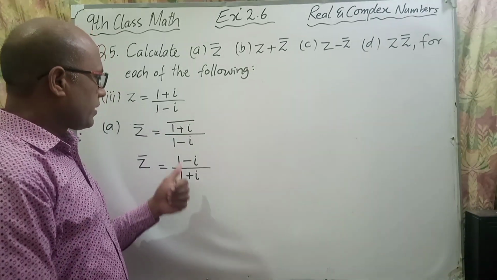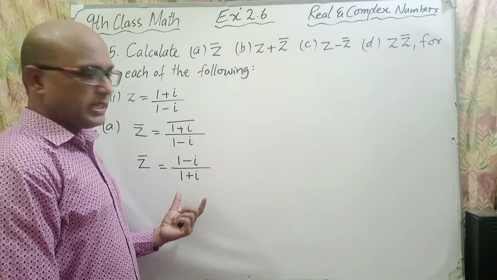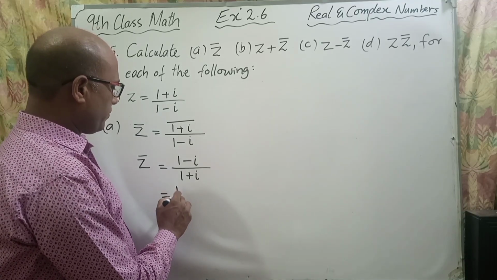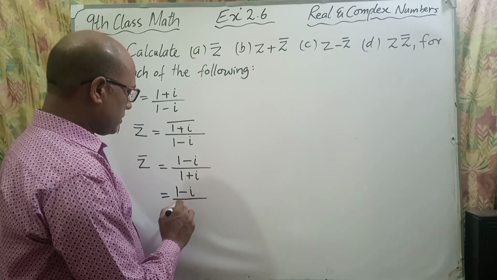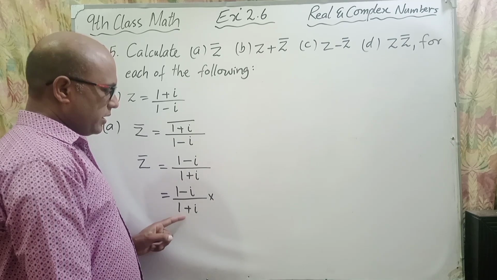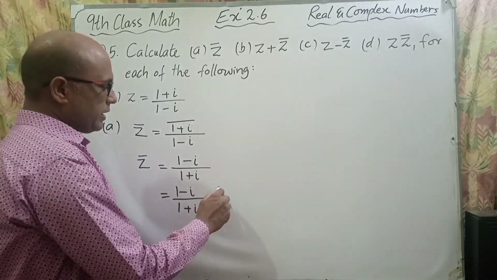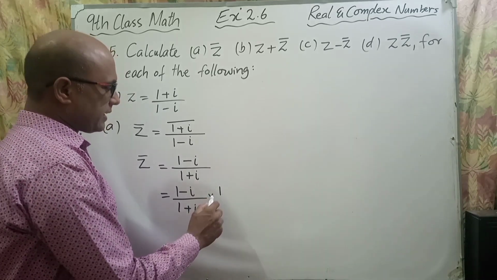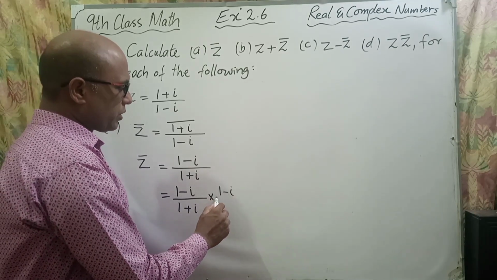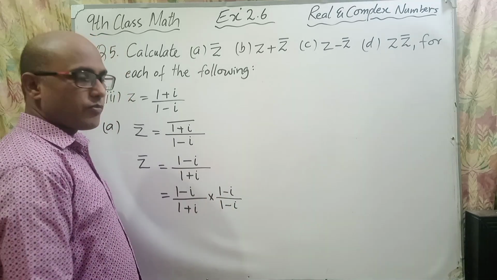So students, now we have to rationalize to solve this complex number. In the next step, the denominator of the fraction is multiplied and divided by the whole fraction with the change of sign. It is 1 plus iota, so we'll write 1 minus iota over 1 minus iota.